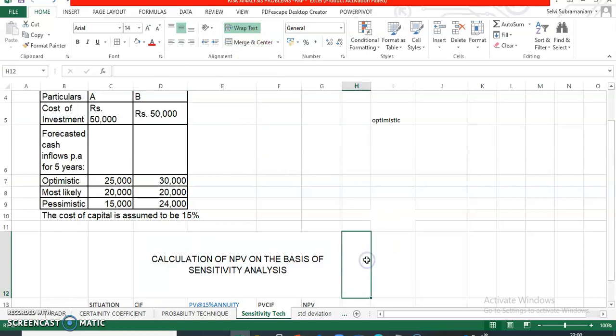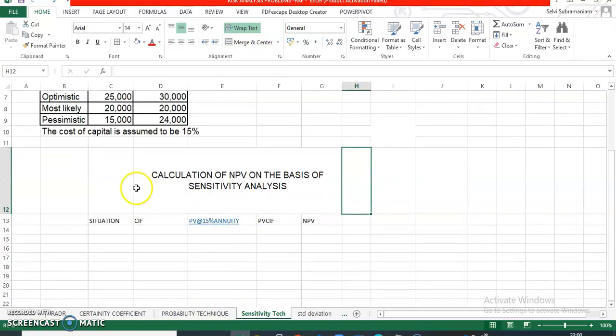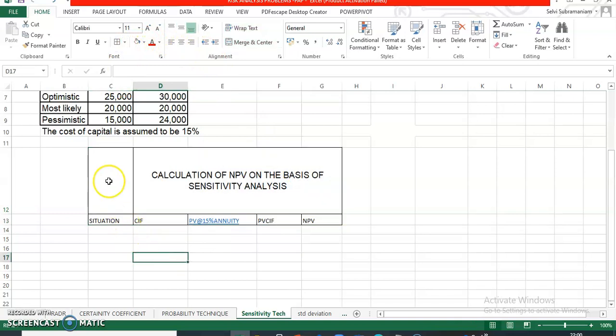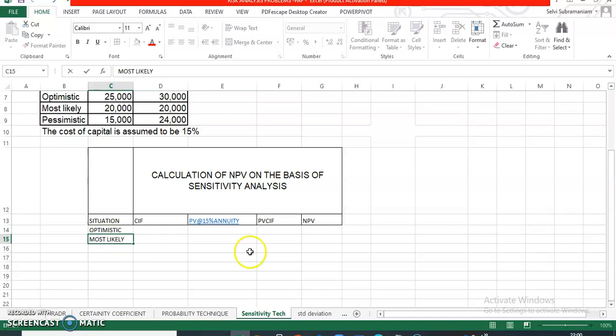We need to be a little good at Excel, otherwise the data that we are presenting might not be appealing at all. So simultaneously we need to present it in such a manner that it's good to see. So we have the optimistic situation, the most likely situation, and the pessimistic situation.